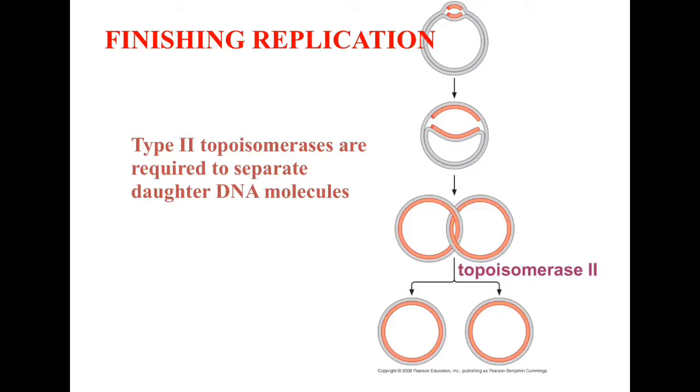The RNA primers are removed by DNA polymerase 1 and filled with its 5 to 3 polymerase activity, and after that the fragments are joined by the ligase enzyme. So this is the DNA replication enzyme summary we can conclude now.